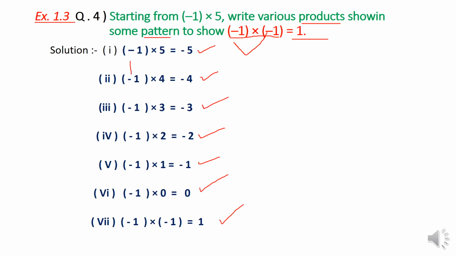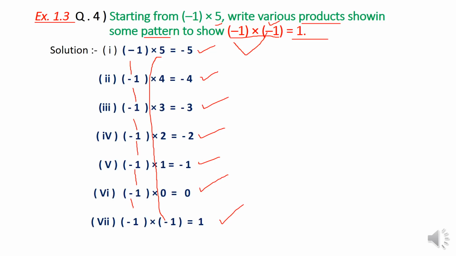The first number, minus 1, you can see is the same everywhere. And if you compare the first number and the resultant number, here the resultant is minus 1. That means from the product of 5, here we have to go to the product of minus 1, as given in the problem.